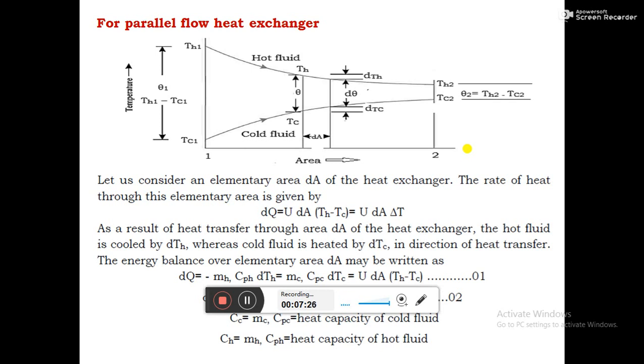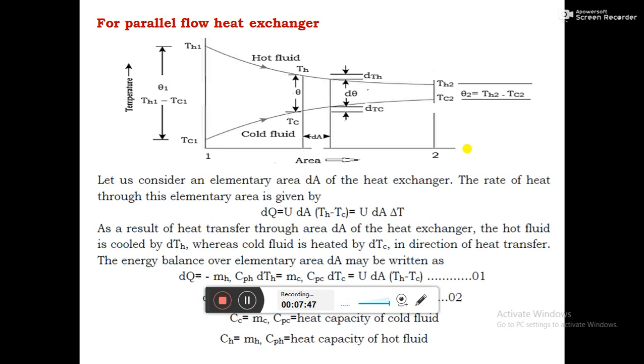The mass flow rate of the fluid remains the same. These are the assumptions that we made for the logarithmic mean temperature difference method, and these assumptions remain the same even for the NTU method.